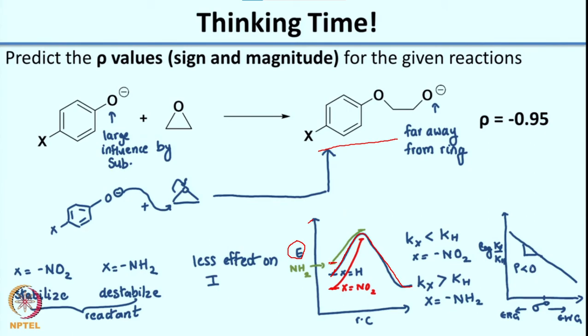All these reactants have different energy and stability, but the intermediate through which they are going will have a similar type of energy, because the electron releasing group and electron withdrawing group will not affect the intermediate as much as the starting material. That's why the energy difference between transition states will be very low. Here you can see the difference is very less, but here if you compare, the distance is more, right?